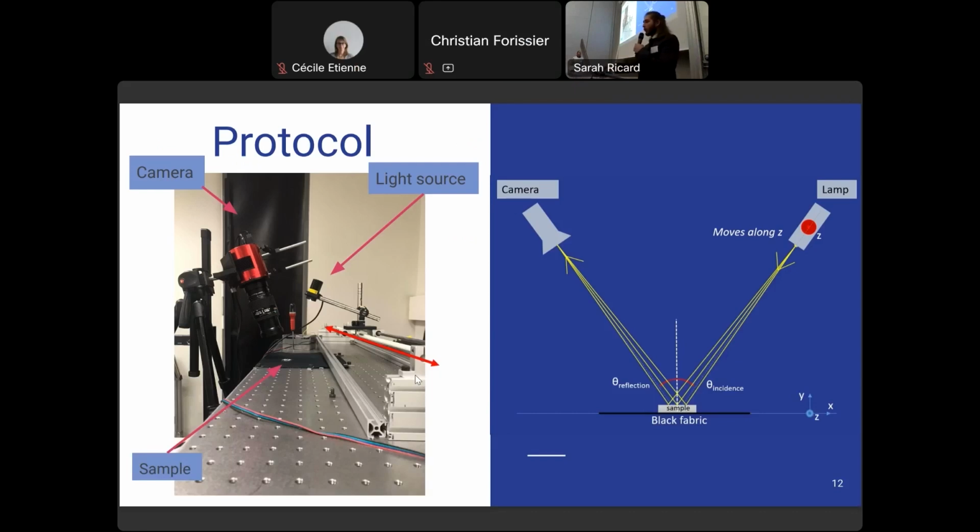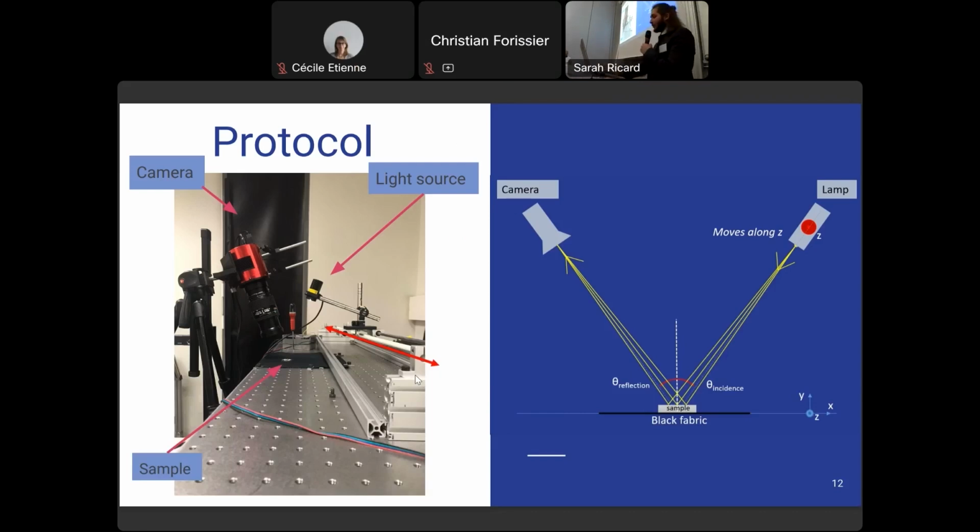So we set up the camera and the lamp at the specular reflection, in other words, at the direct reflection, like a mirror. And then we recorded while the lamp was moving along the z-axis.